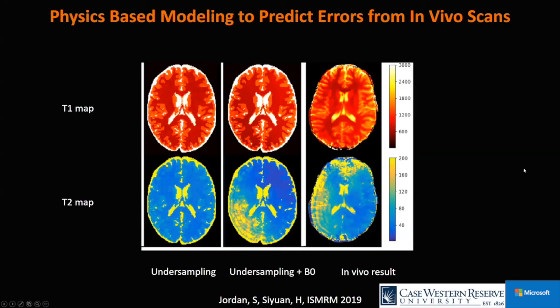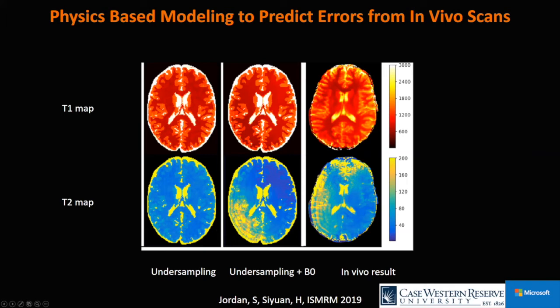Why do we think this physics-based model is important? So here is one simulation result demonstrating the T1 and T2 maps from different settings. Here are T1, T2 maps from a model considering only undersampling artifacts. You can see that there are some residual artifacts in the T1, T2 maps.